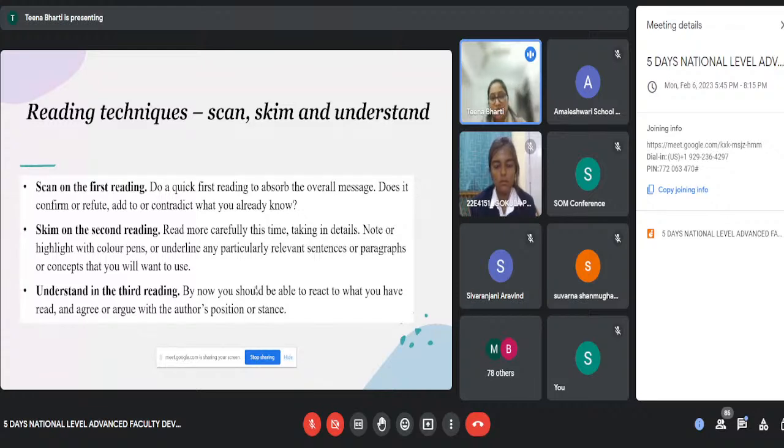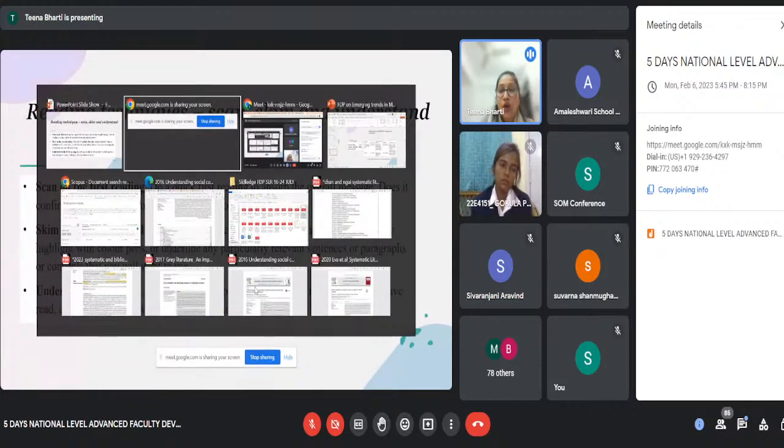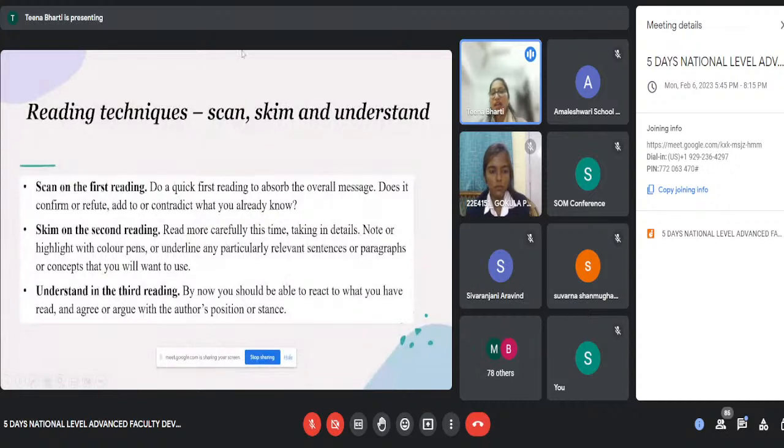Hence it is advisable, and it is always said, that you find a sample paper which can help you in processing your thoughts. I have given you one sample paper which I always refer to whenever I am going for a systematic review. Every time I am writing one, I always look into the same thing.